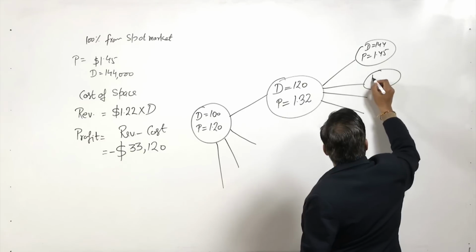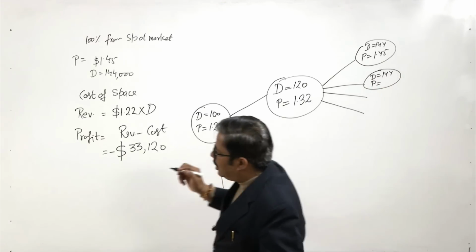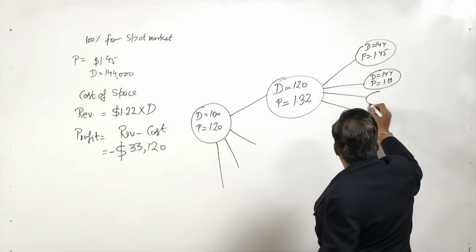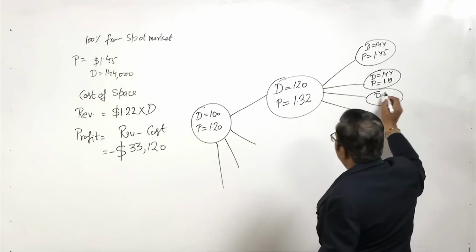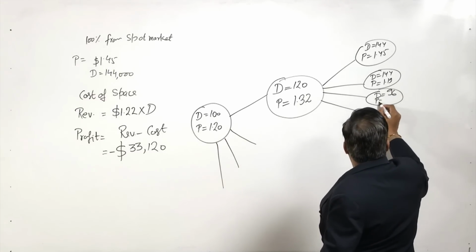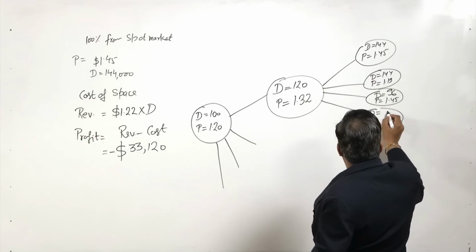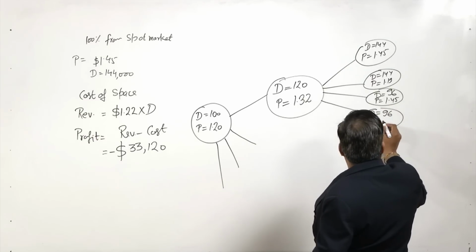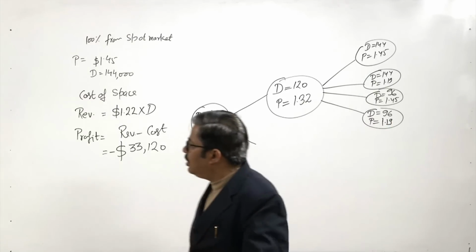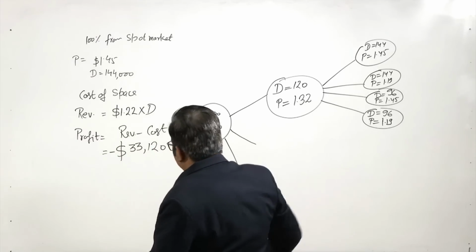The next is D is 144 and price has decreased, it becomes 1.19. Then demand decreases, it becomes 96, but price increases, it becomes 1.45. And then finally you have where demand also decreases and price also decreases, that is 1.19. So these are different alternatives which are emerging out of our tree.